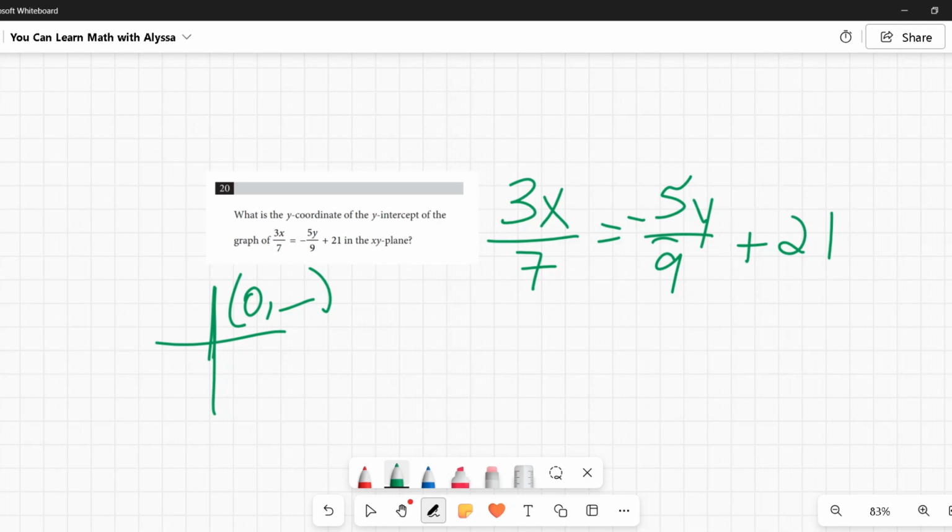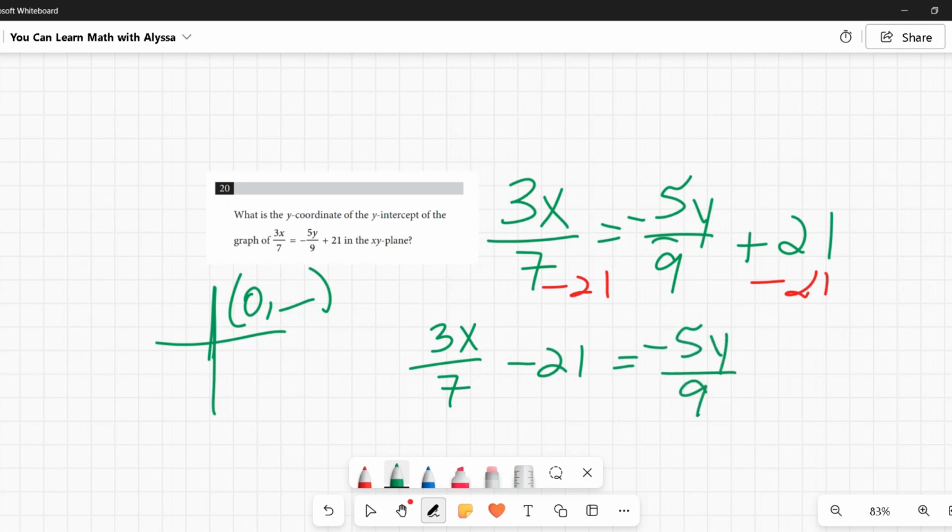I'm going to subtract that 21 from both sides. So on the left, I will have that 3x over 7 minus 21 equals negative 5y over 9. And to get rid of that dividing by 9, I need to multiply everything on both sides by 9.